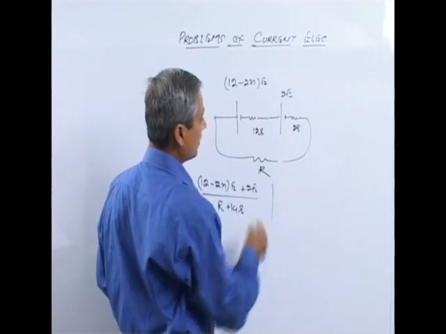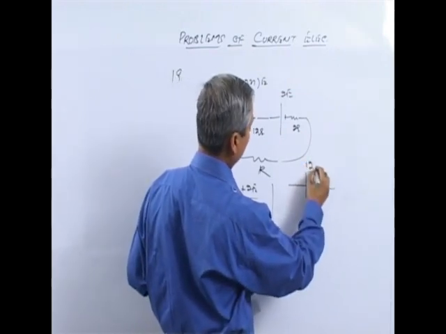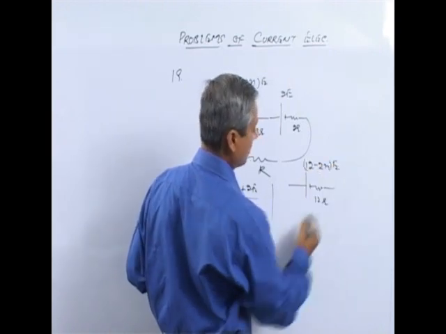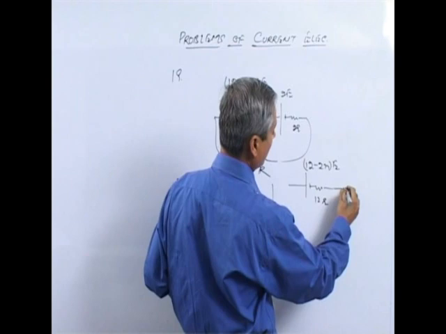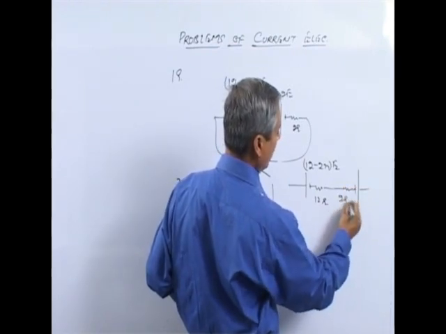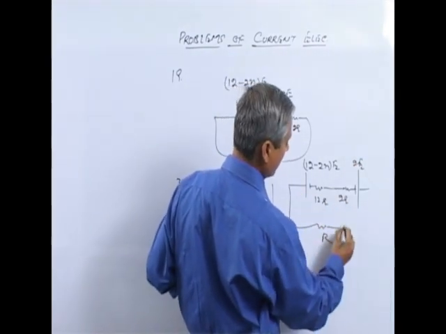Similarly, if you have the opposite of it, the battery is the same, (12 minus 2n) into E and 12r, but this cell is connected opposite. It is like this: 2r and 2E and then connected to the external resistance.